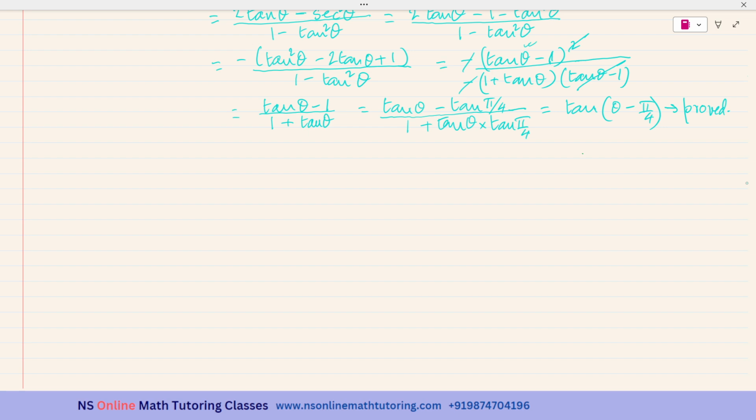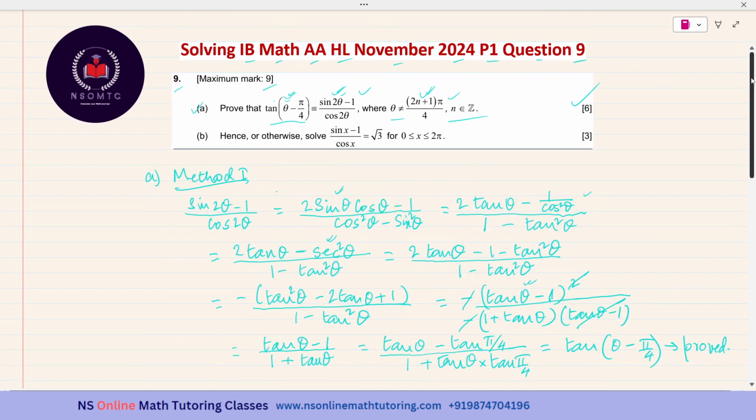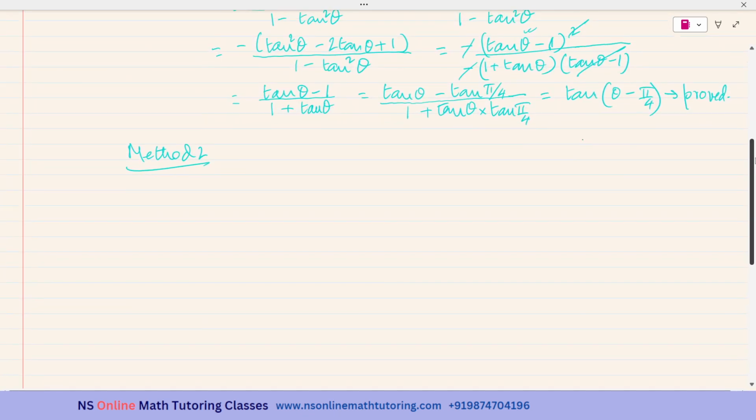Now I come to method number 2. The left hand side is tan of theta minus pi over 4.